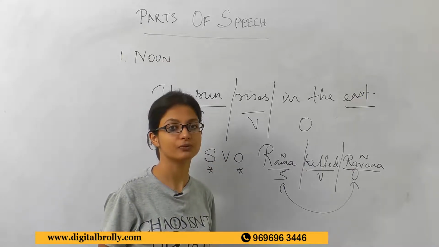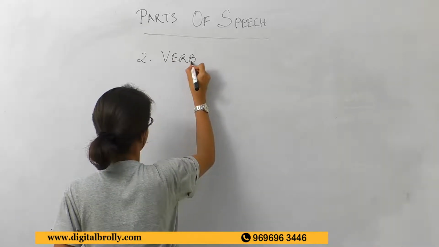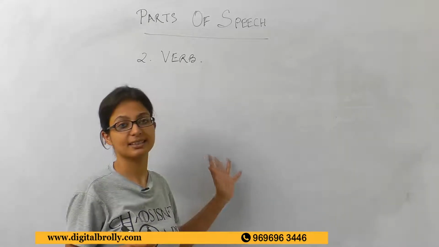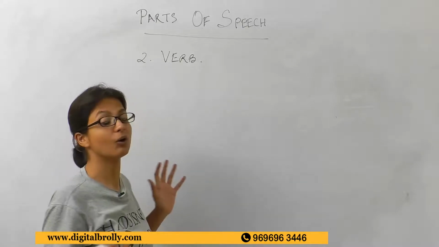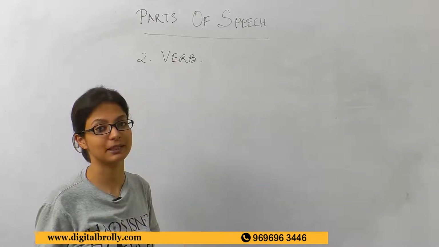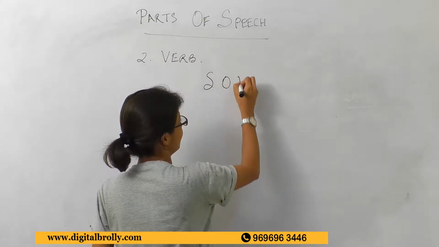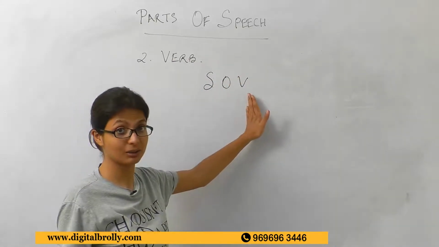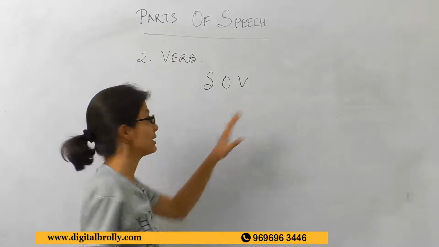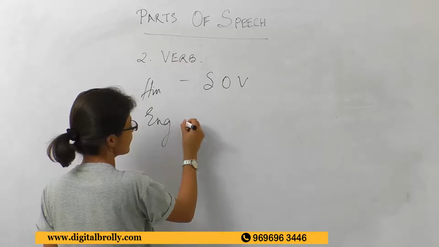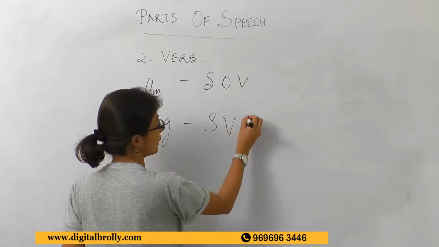Let us move on to verbs. If you recall the previous classes that I have taken for you, you already know where a verb is placed in a sentence. Hindi has SOV, मैं घर जा रहा हूँ, the verb comes in the end, whereas in English, the sentence is always I am going home.